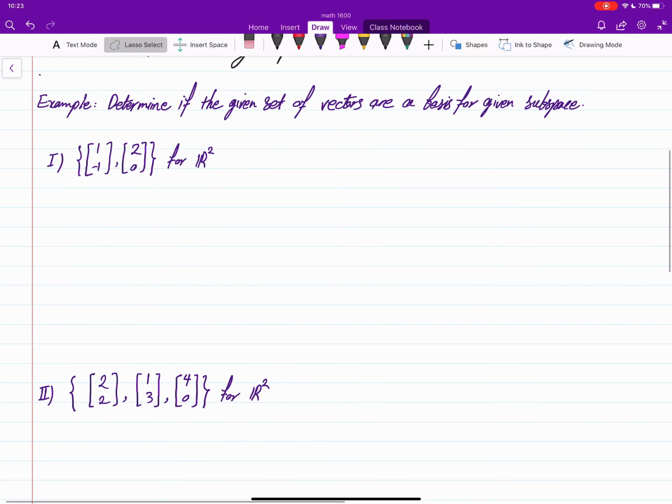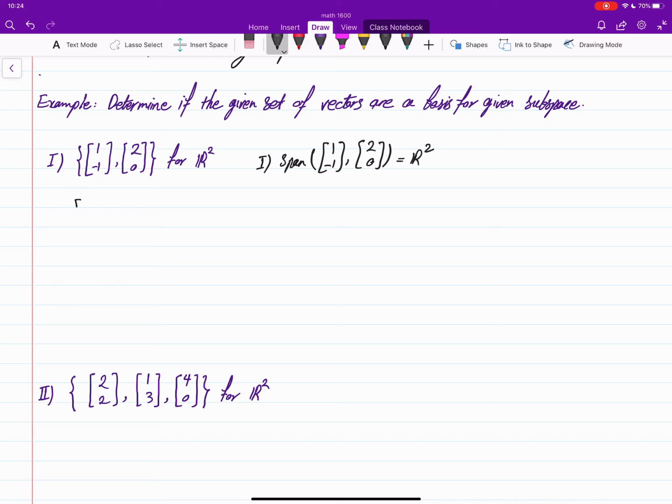Determine if the given set is a basis for the given subspace or space. Here in this case, I have two vectors for R2. Is it a basis for R2? First of all, I should check that the span of these two vectors is equal to R2.